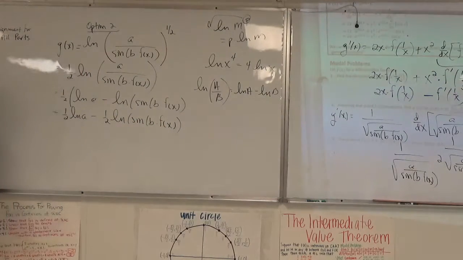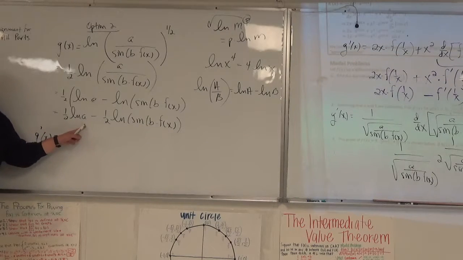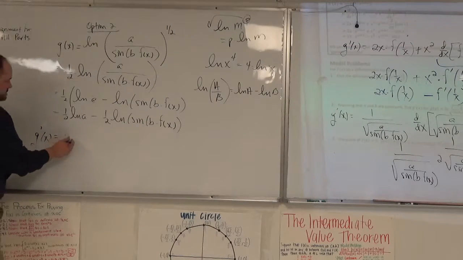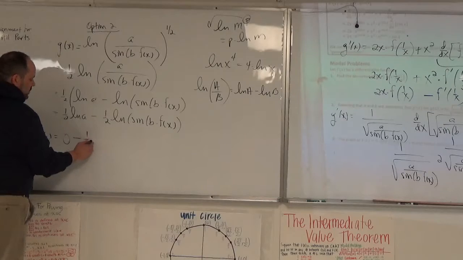Now let's finally take a derivative. Derivative of 1/2 natural log of a. We know something about a. It's a constant. So if a is a constant, the natural log of a constant must be 0. And half of 0? 0. Minus 1/2.